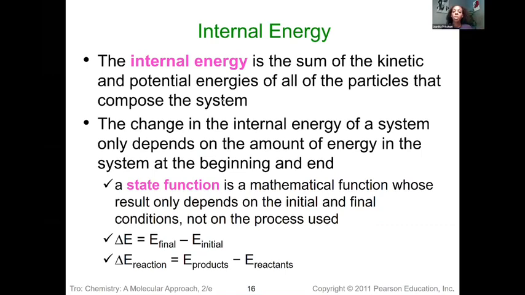A state function is a mathematical function whose result only depends on the initial and final conditions, not necessarily how we got there. For our purposes, when we're referring to the energy, we're going to call it delta E, the energy of the reaction or of the surroundings. That's equivalent to the energy of the products minus the energy of the reactants.